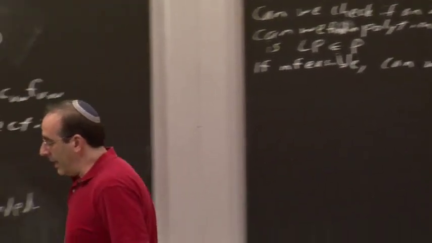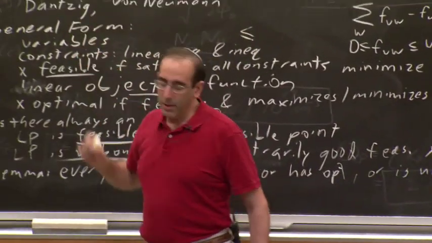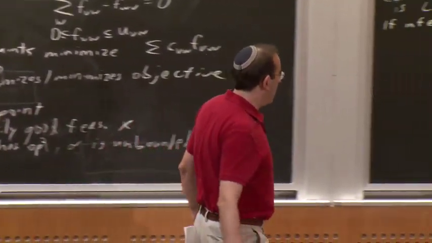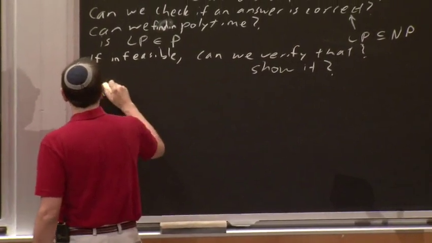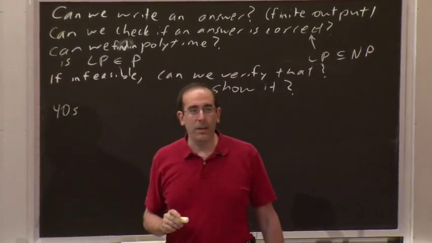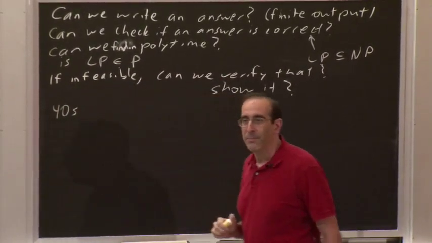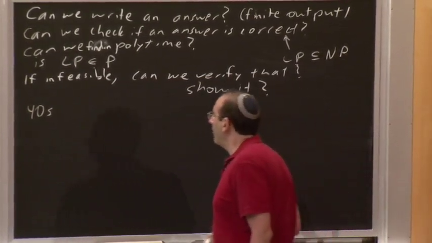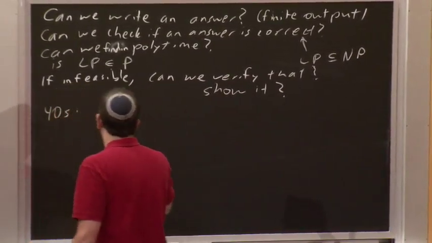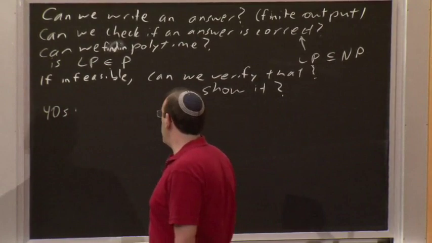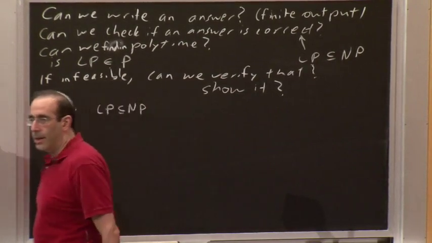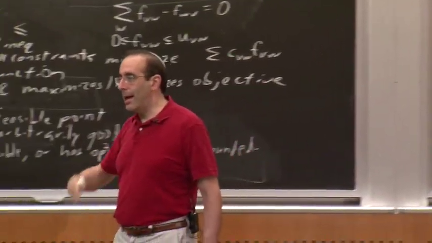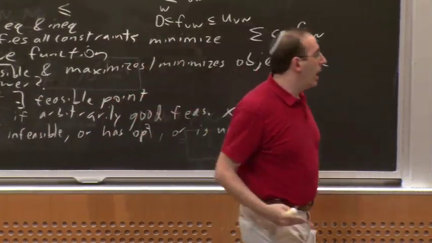Okay. And Dantzig actually made a lot of the progress on this, and others at that time. In the 40s, even though they hadn't yet defined P in the 40s, right? They basically showed that LP is in NP. That is, that it is possible to guess and check an answer.